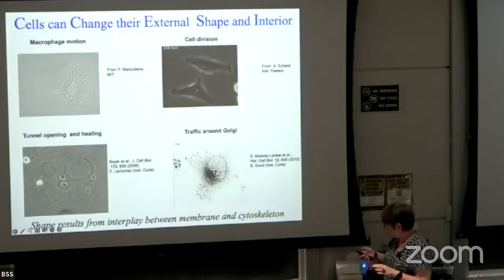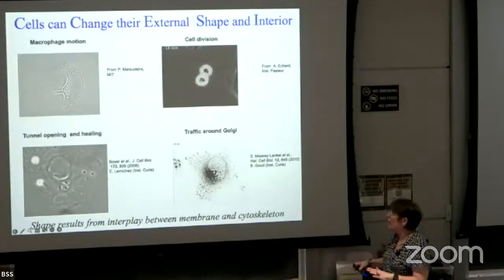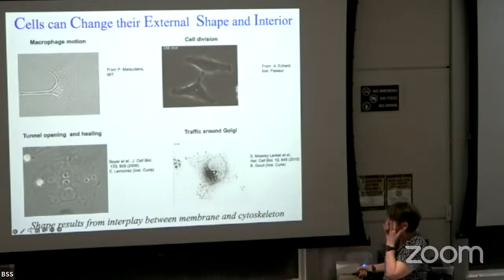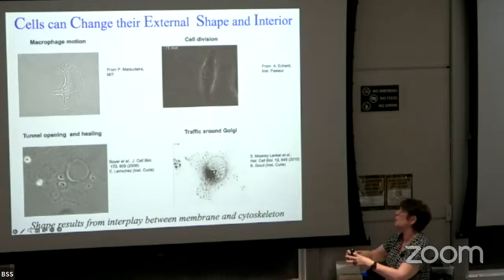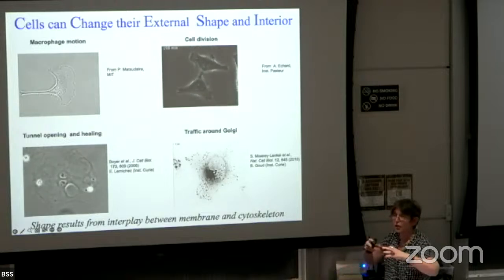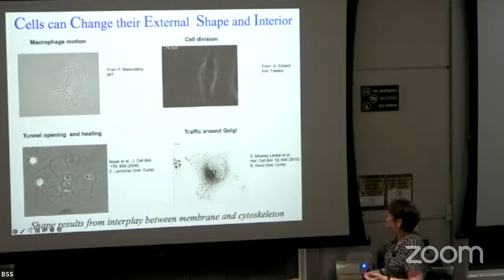So you can see that the cell originally is like a surface, and you see the formation of this big hole in the cell, which eventually closes back. So again, it shows that the envelope of the cell itself is changing a lot in shape and topology.